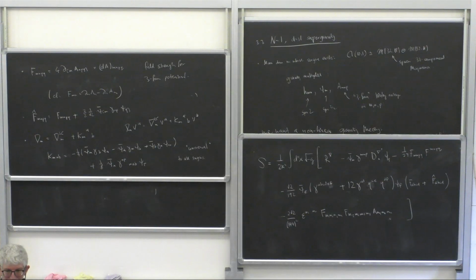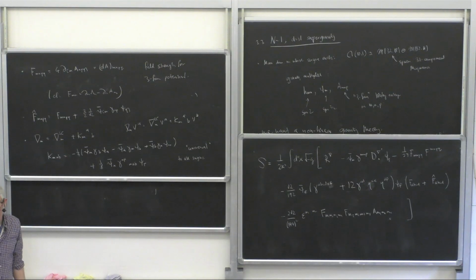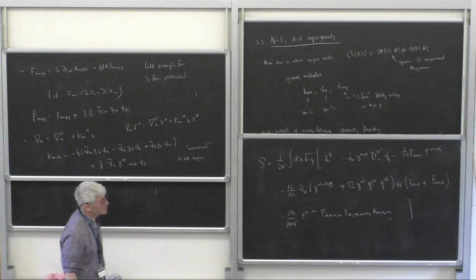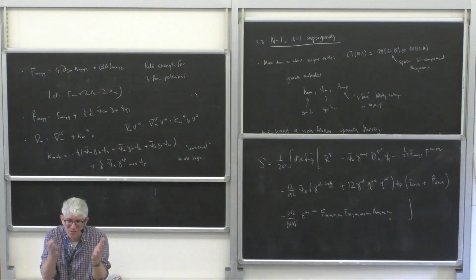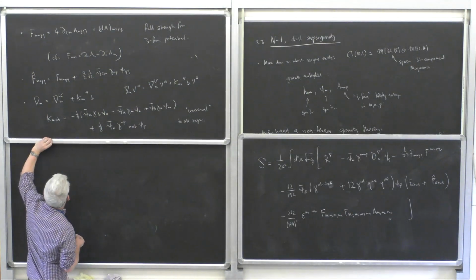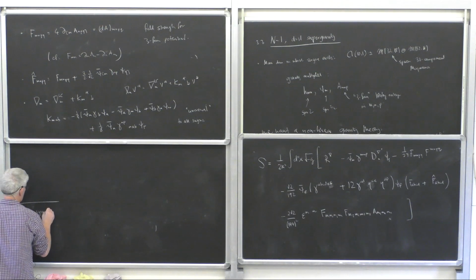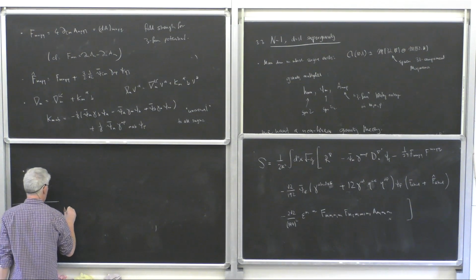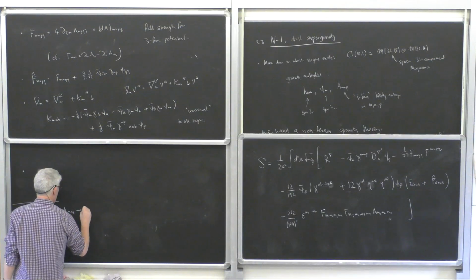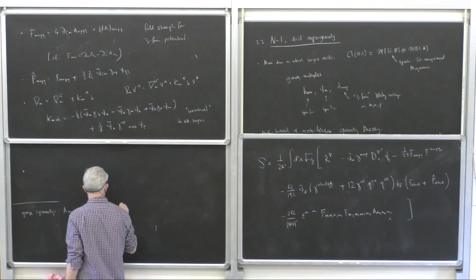Is A the potential? Is this associated with a gauge? Yeah, you should think of this as a gauge symmetry. So we have a gauge symmetry, which is A_MNP goes to A_MNP plus 3 times the derivative of something.